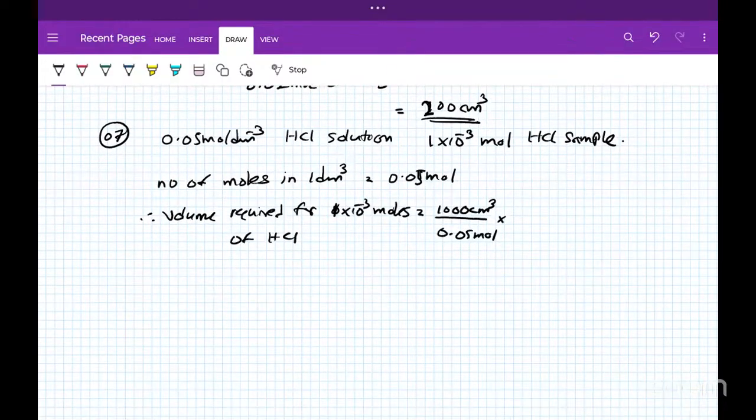Then how much of volume is needed for 1 into 10 to the power minus 3 moles? So this is simply 1 divided by 0.05. 1 divided by 0.05 means 100 divided by 5 cubic centimeters. So this is 20 cubic centimeters.